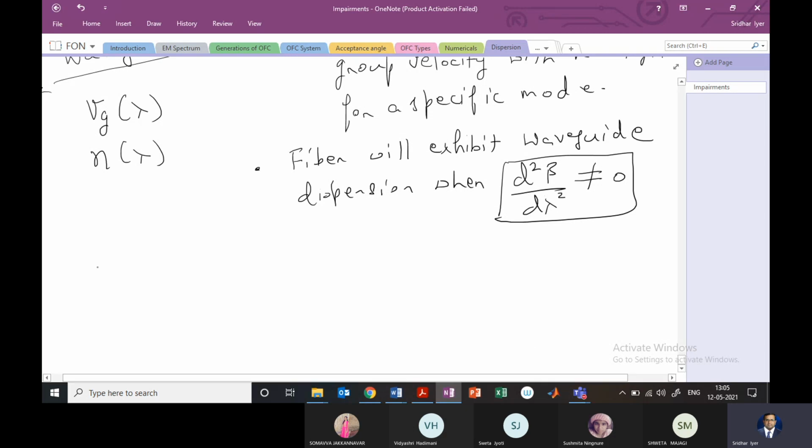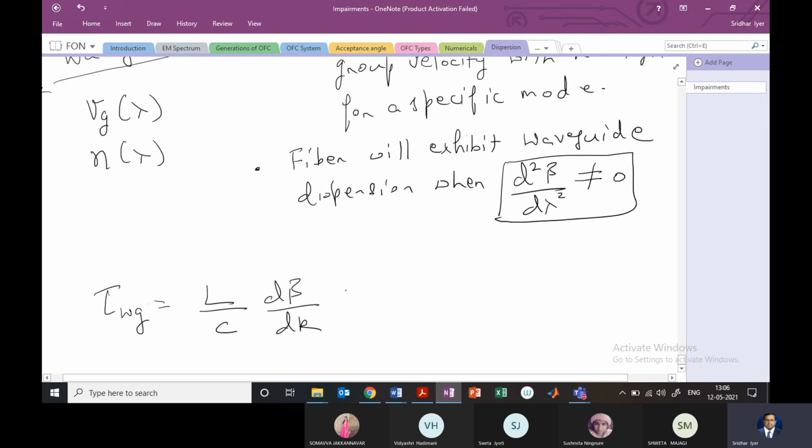But if you just want to look at the equation for the waveguide dispersion, tau waveguide, here the tau is going to be the group delay. If you want to calculate that, it is given as L by C d beta by dk.